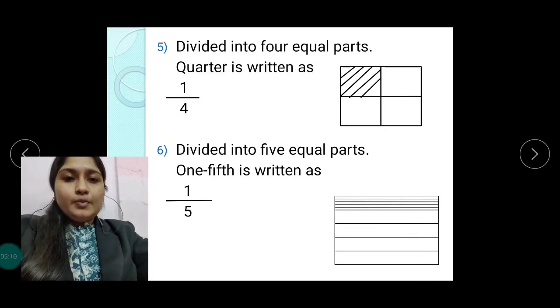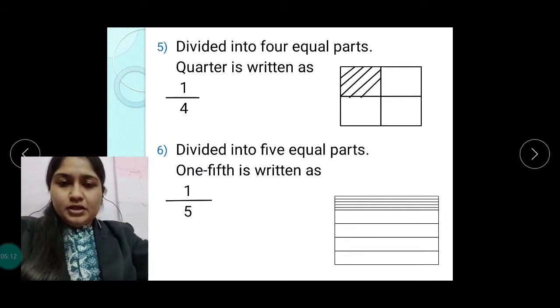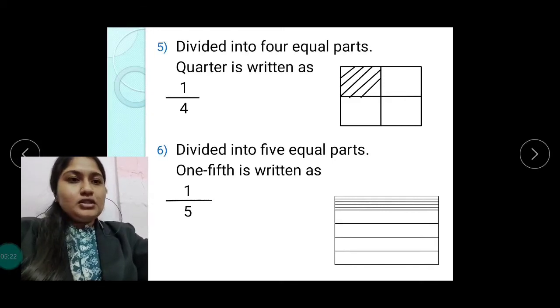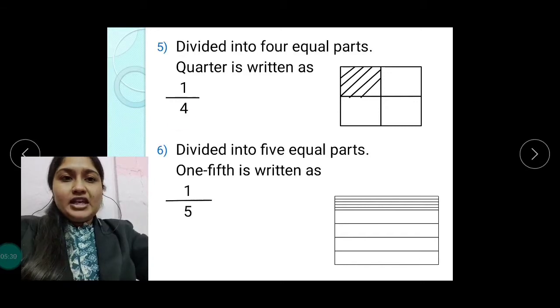So my dear students, basically in this chapter, आपको total parts देखने हैं and which part is shaded, that you have to write down. Suppose this square is given to you and how many parts is it divided into? 4, right? So 4 आप लिखेंगे नीचे, and then which part is shaded? The first one, right? So you will write down 1.